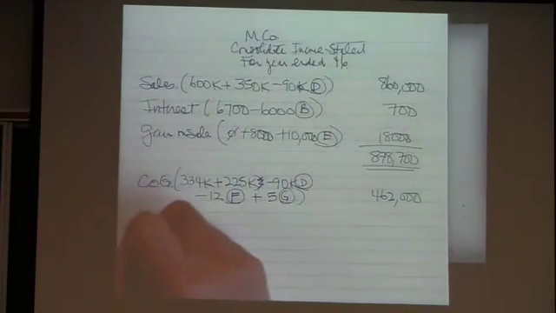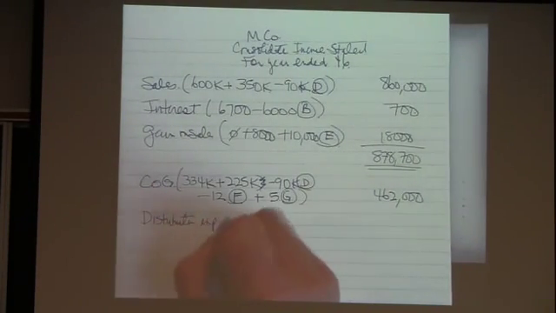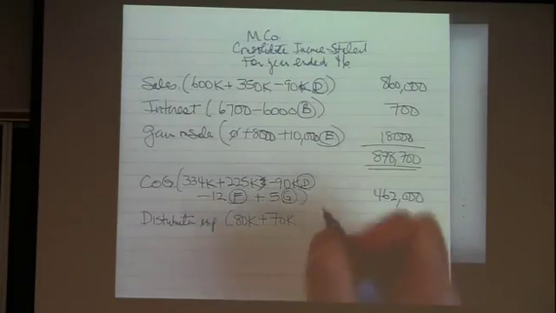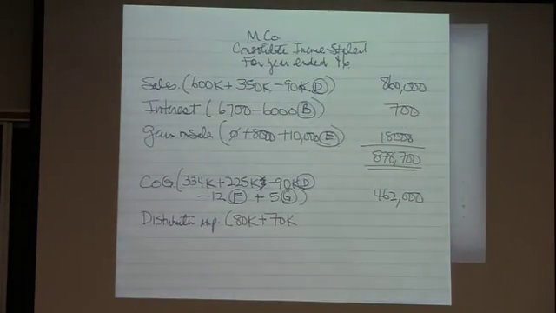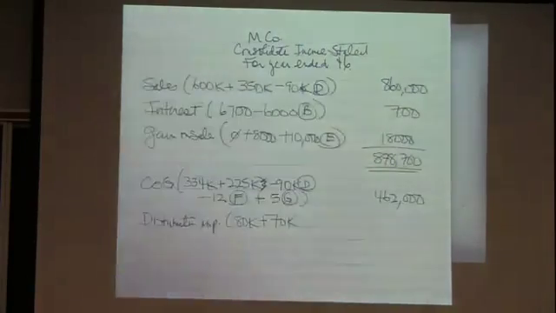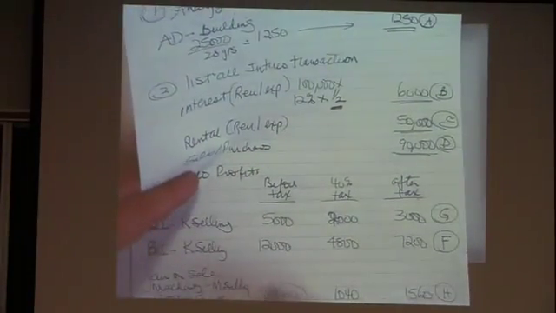What about distribution? So we're going to add both M and K. Now remember in the question it says it includes amortization expense. So we know that the acquisition AD we need to incorporate in there. And the equipment.